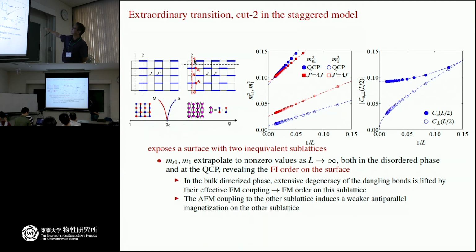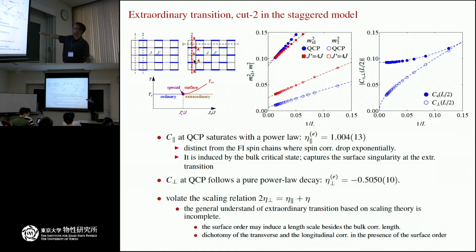Anyway, we can also study the surface correlation and the surface-bulk correlation. You can see there's long-range order, as Tara-san mentioned, and this decays to zero. And we have two exponents: one is eta parallel, and this is eta perpendicular.